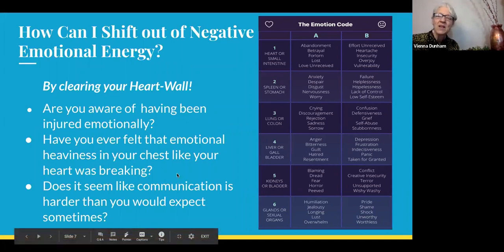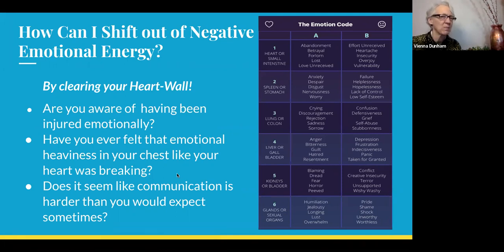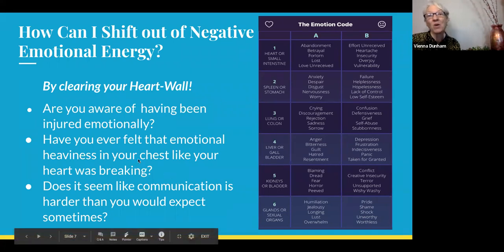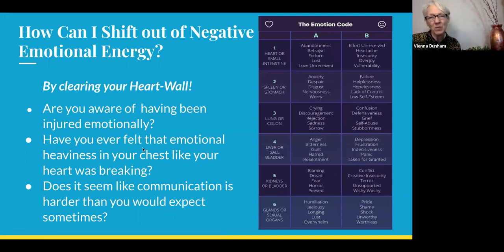And does it seem sometimes like communication is harder than you'd expect? So those are just a very few things that would say maybe I have a heart wall. Dr. Nelson says that 93% of people that he has found in his practice, with thousands of people, have a heart wall.